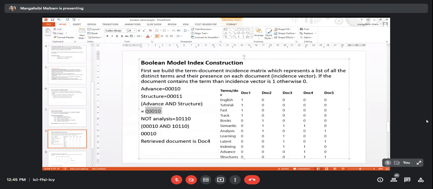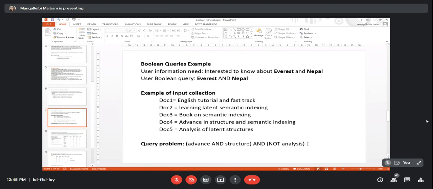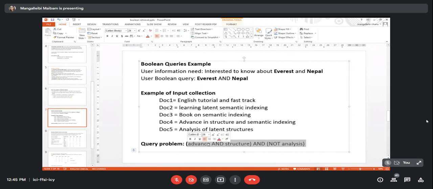So we got one result here, and this result has to be ANDed again along with not analysis, because in the query it is given: advance and structure and not analysis. So this not analysis Boolean representation and this Boolean representation we have to perform an AND operation on.